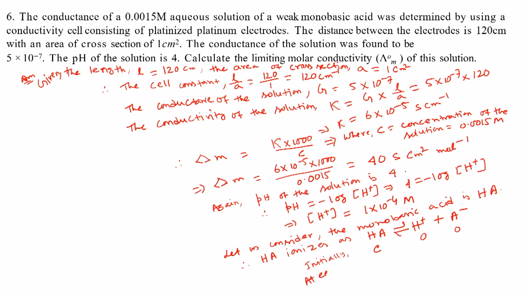At equilibrium, the concentration of HA is C times 1 minus alpha, this is C alpha, this is C alpha.